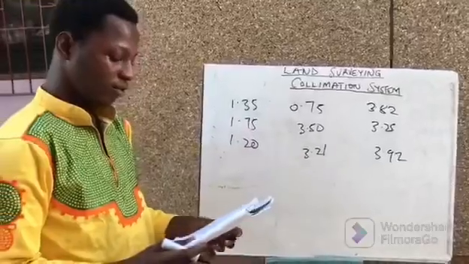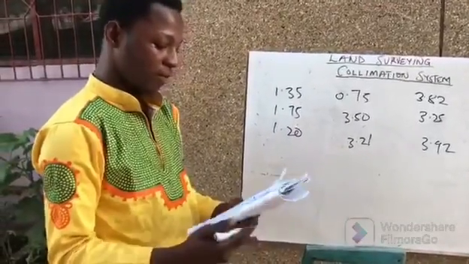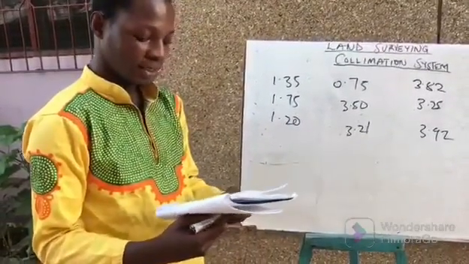The position of the instrument was changed after the third and sixth readings.